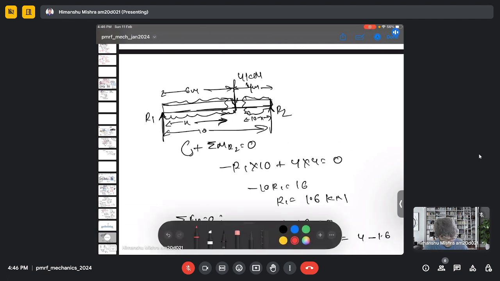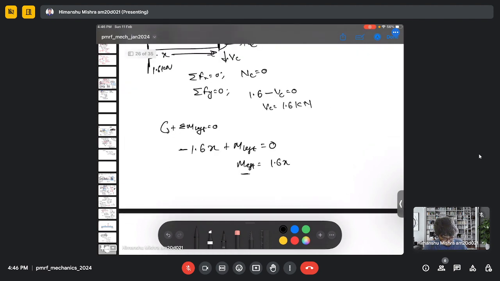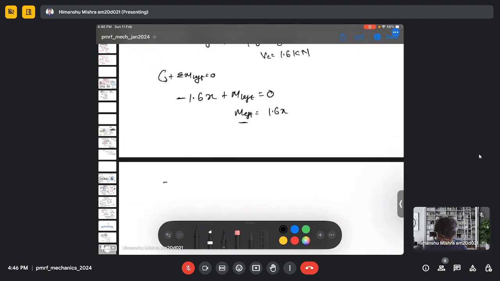And this is the part which is 10 minus x. Let's say this is VR.